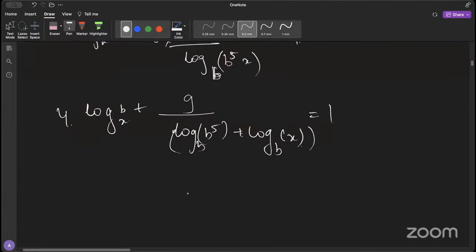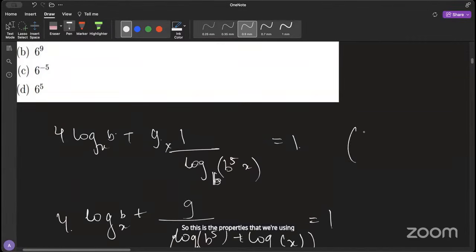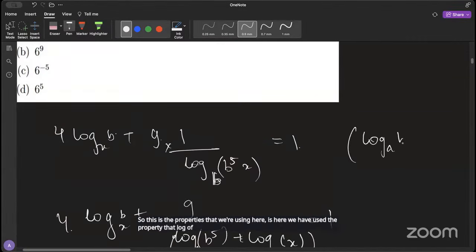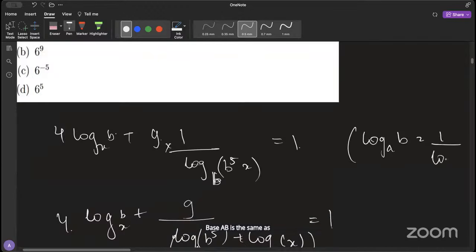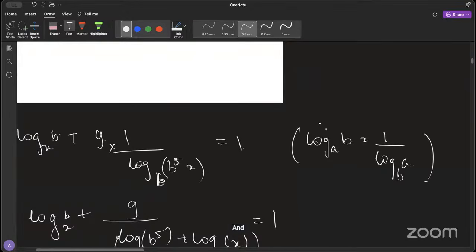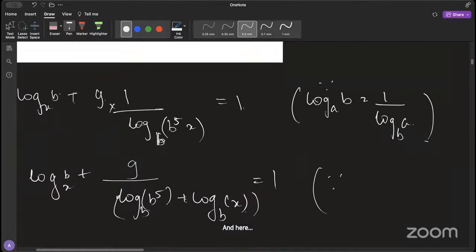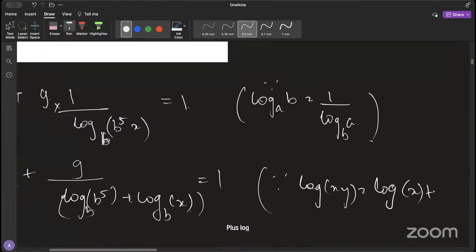This will just be 5. So these are the properties that we're using here. Here we have used the property that log base a of b is the same as 1 by log base b of a. And here we have used the property that log of xy is the same as log of x plus log of y.